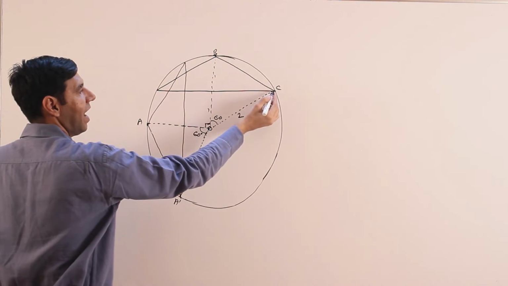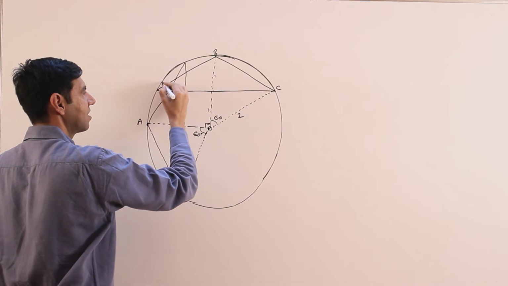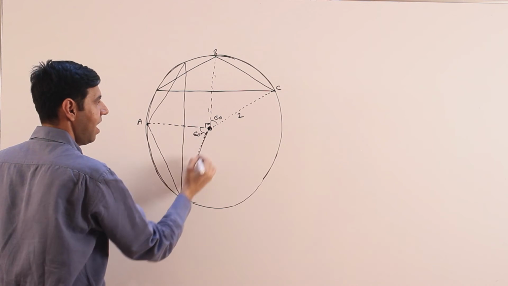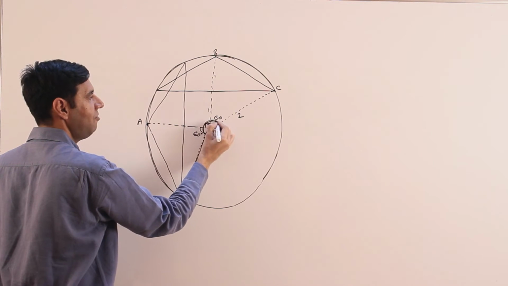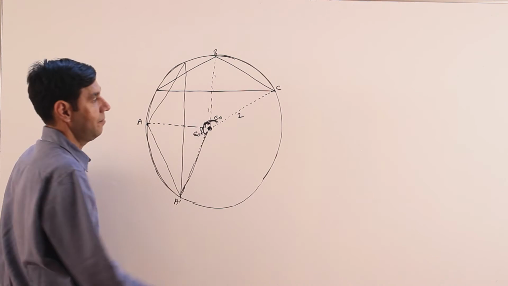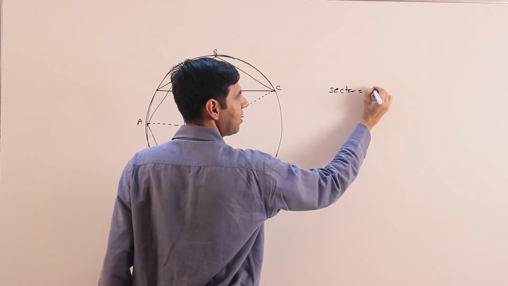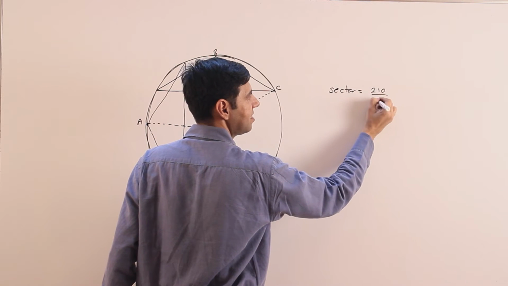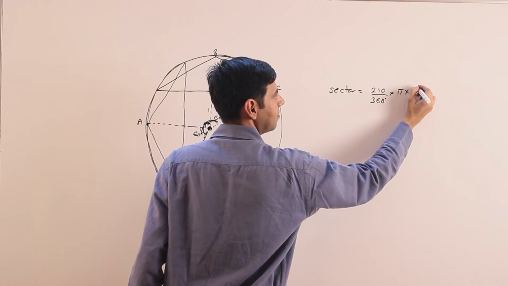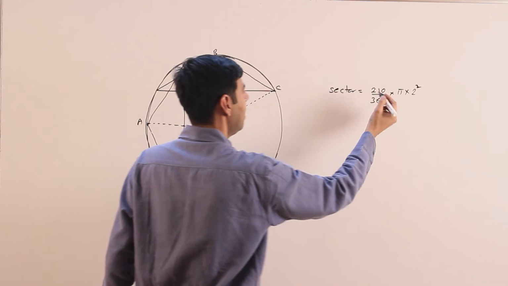So I am looking at this complete sector of a circle, and this complete sector has a central angle of 60, 60, 120 and 90, 210. So the area of the entire sector is going to be 210 out of 360 into pi r square. Right? Hope you get that.